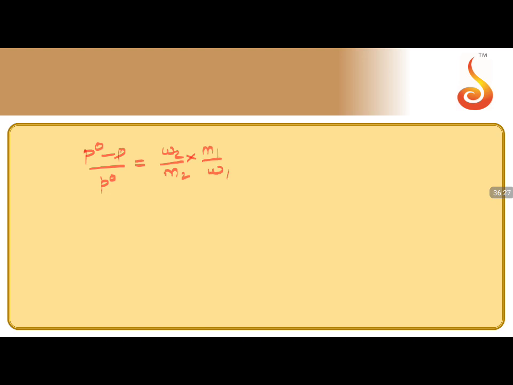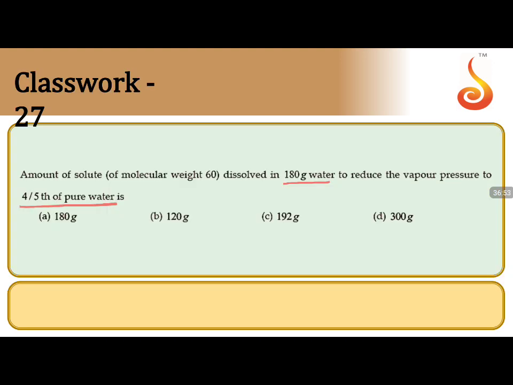In this P naught minus P, what is given? P is equal to 4 by 5 P naught, they have mentioned. So P naught minus P will become 1 minus 4 by 5 of P naught. So delta P by P naught becomes 1 by 5, which is equal to 0.2. So this is 0.2, which is equal to the weight, which is given in the question.